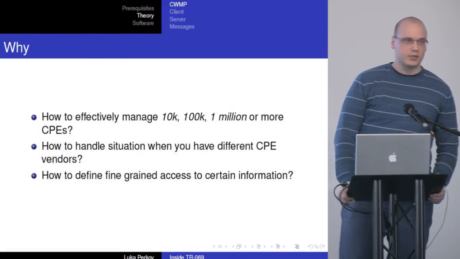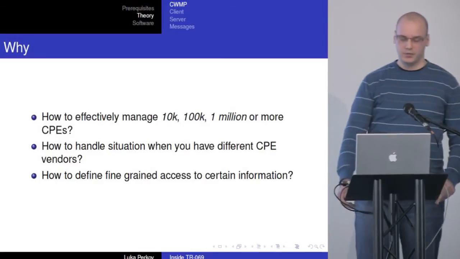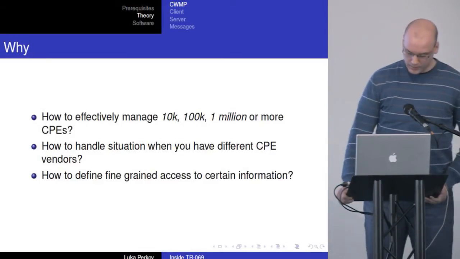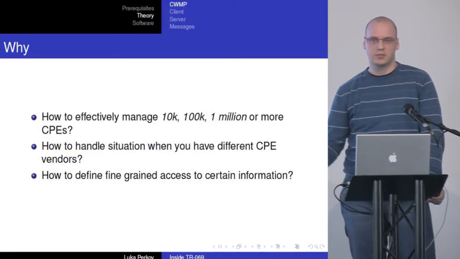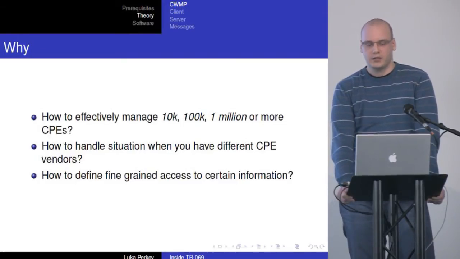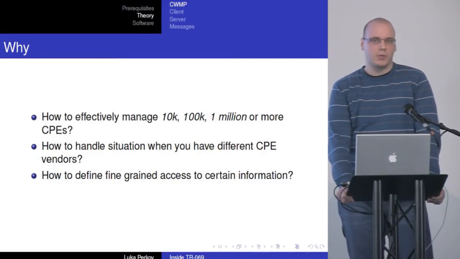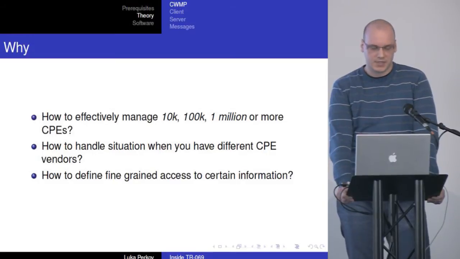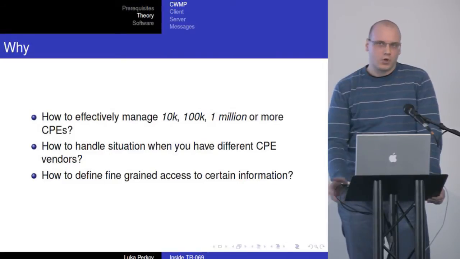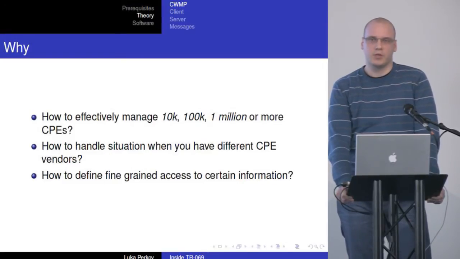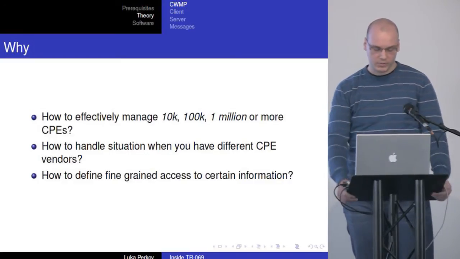So why do we need something like CWMP? Because when you are an ISP, you need to manage the devices that are in customers' premises, the CPEs, and how do you do that when you have 10,000, 100,000, or 1 million devices? You need to have some standard. Also, if there were not a standard for this, you would end up with a different protocol from each vendor, and you would have a messy situation.